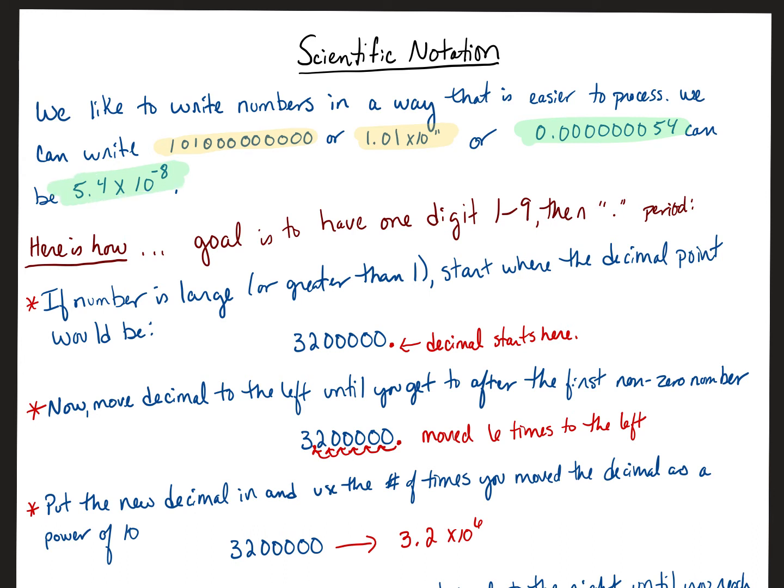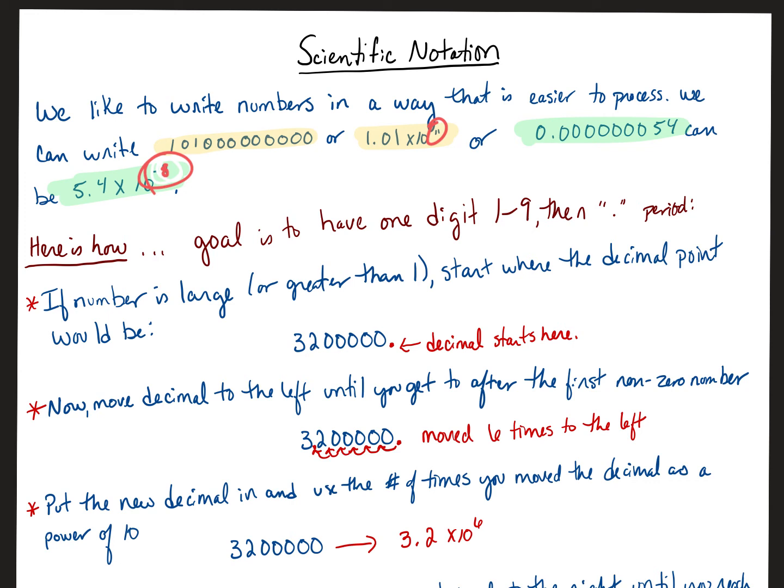So notice if it's a really tiny number, or less than 1, we're going to the negative 8th right here. Negative 8. That's originally what that said. If it's a very large number, this goes to the positive 11th. Let me show you what I mean here.